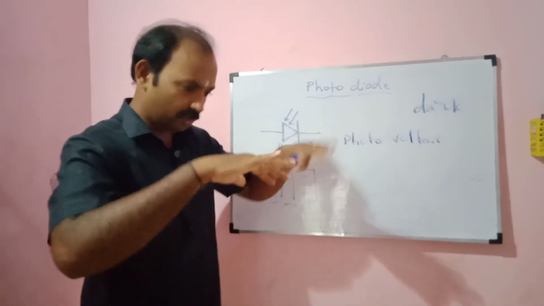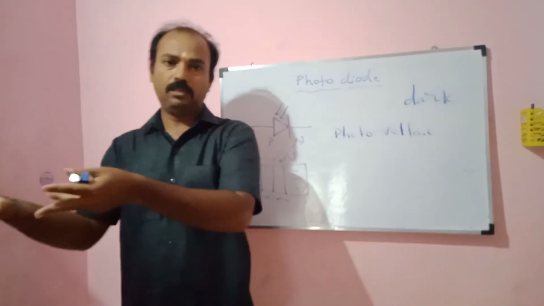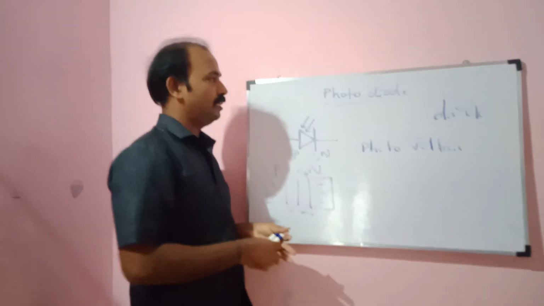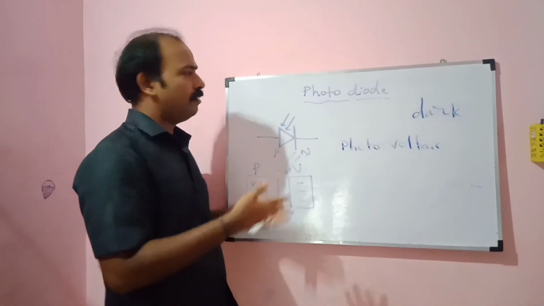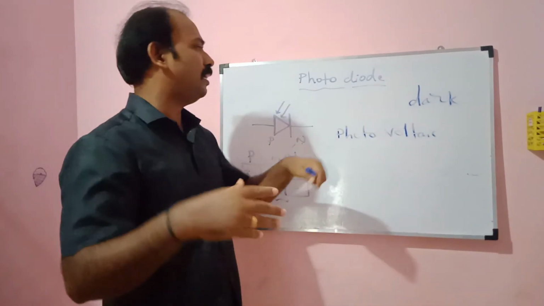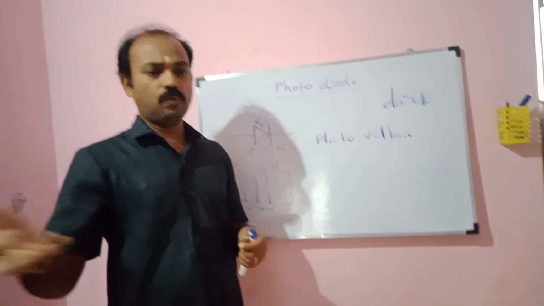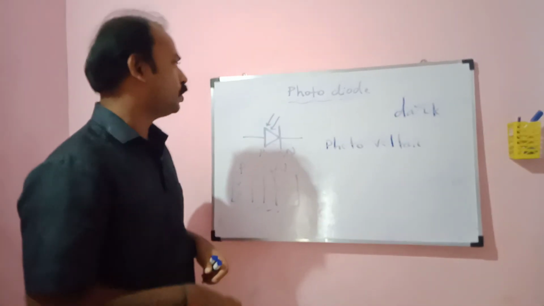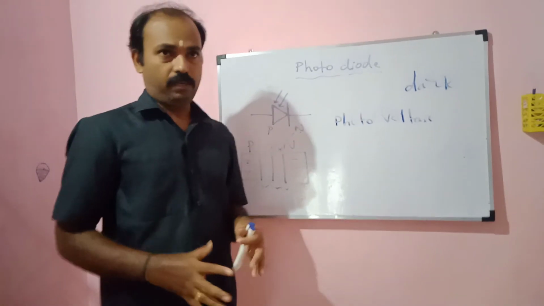Efficiency means output divided by input, and that is very poor in the case of a photodiode. And the important applications: these photodiodes are applied in electronic devices, TV and so on, and also in CT scan instruments.